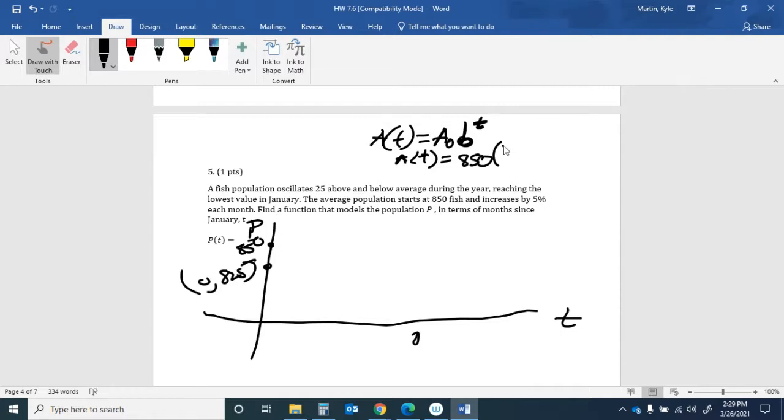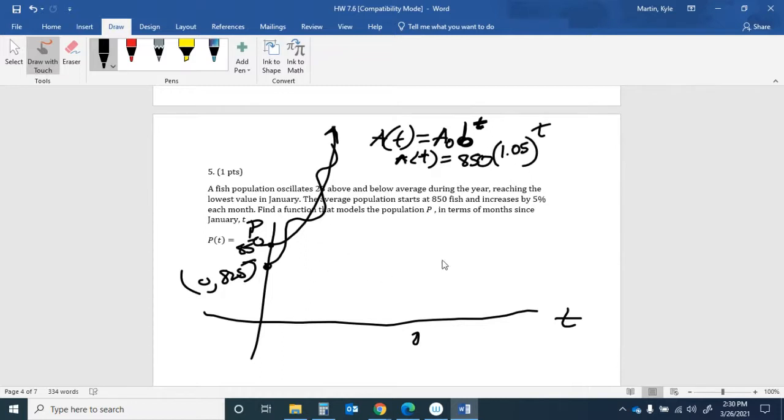So 1 plus 0.05, meaning the b value, the growth factor that we'll use in our formula, is 1.05 to the t power. So this basically is the equation of our midline, or mid-curve, I guess you call it. So it's not going to be like the last one where it was a constant rate of change, so it's a linear. This is going to be exponential, so it's going to go up, look like this, zoop. And then you're going to go above and below the line as it goes, like that.